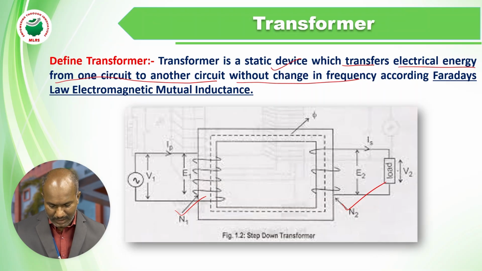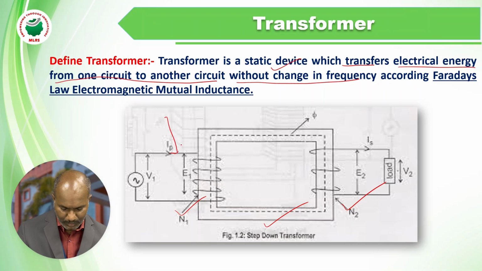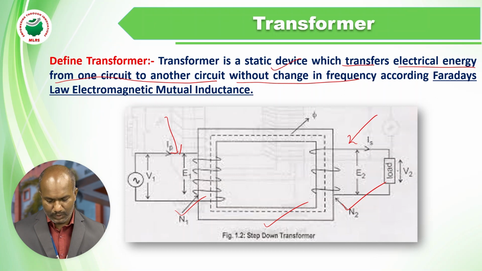Here, this is the basic structure or diagram of a transformer. It shows two windings. One is the primary winding and the other is the secondary winding. The primary winding is the winding which is connected to the supply. The secondary winding is the winding which is connected to the secondary side, that is the load side.